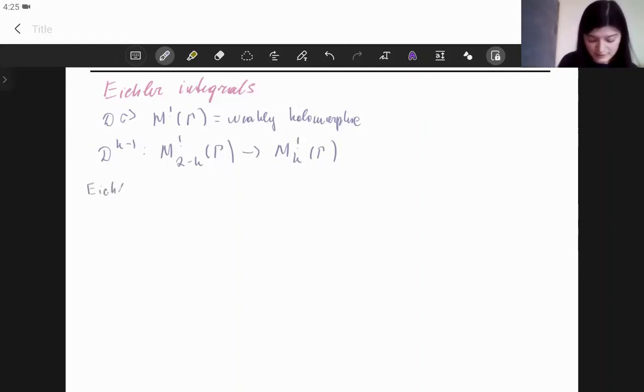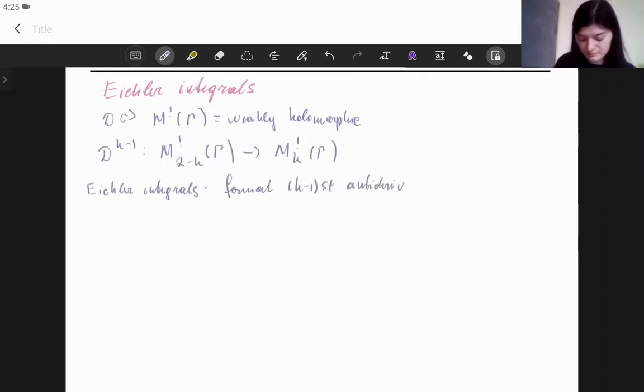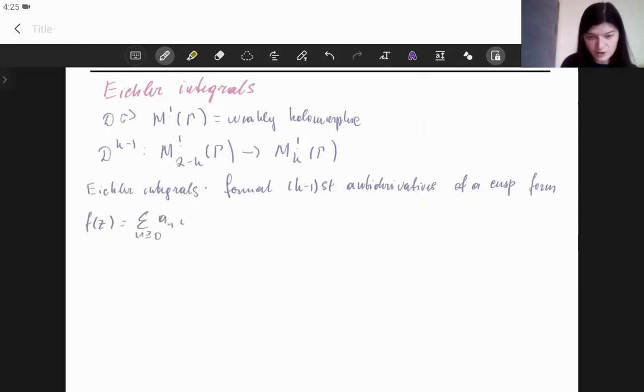So the Eichler integrals are really just formal k-1st antiderivatives of cusp forms. In particular, if we take f of z a cusp form, and it has a Fourier expansion, we can get one antiderivative as follows.